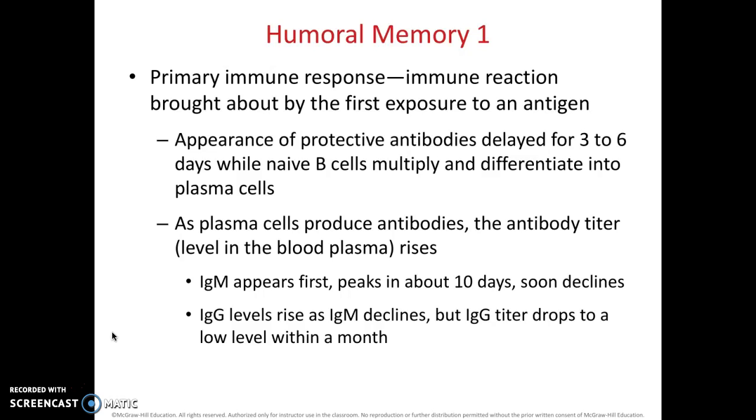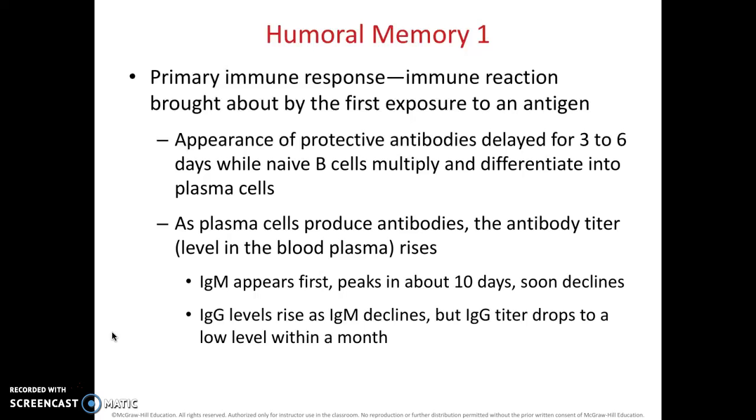These naive B cells are learning about that antigen and how best to protect against that antigen. So they're creating antibodies. Then they differentiate into the plasma cells. When the plasma cells produce antibodies, the antibody titer, or the level of the antibody in the blood, will rise because they're producing massive amounts of these antibodies.